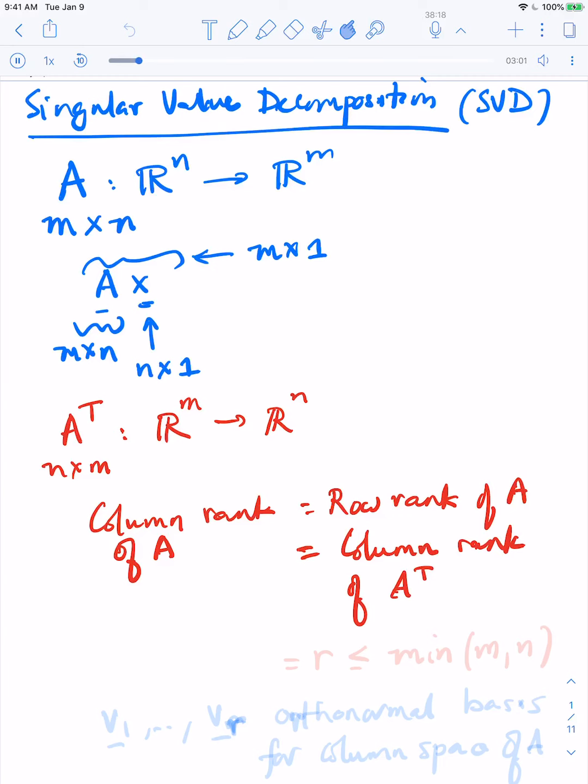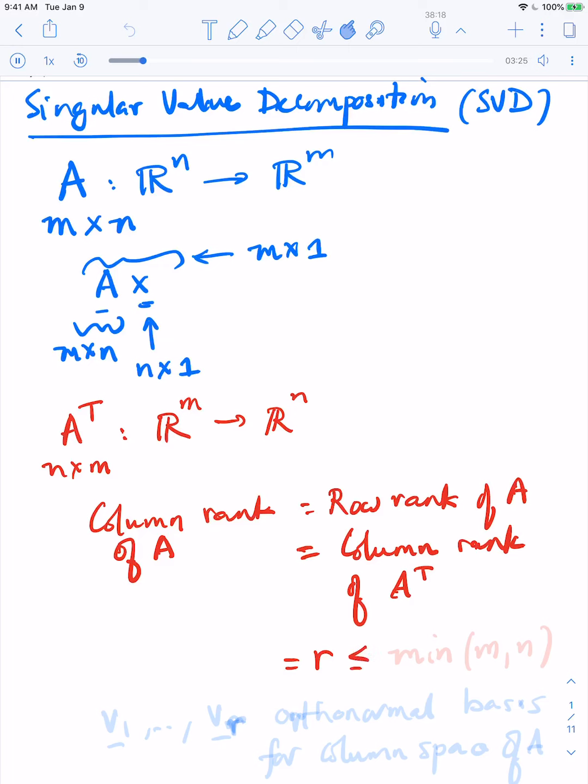Basically, it's the dimension of the subspace spanned by the rows of A or A transpose, which are the same, and let's say it's equal to R. Well, how many rows does A have? It has m rows. And how many columns does it have? It has n columns. So R has to be less than or equal to m as well as n.